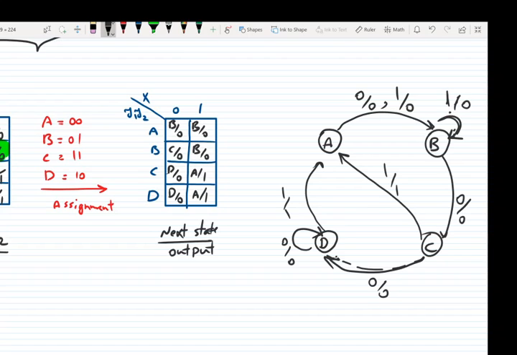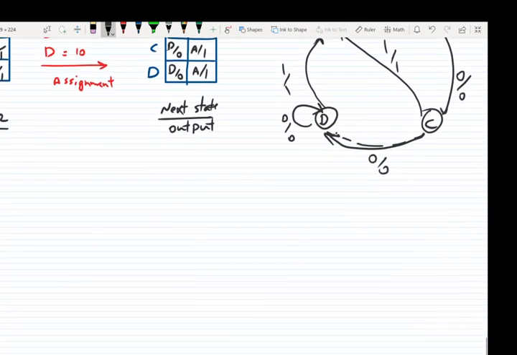So this is the state diagram for this example. Now it's time to draw the timing diagram and find the output z as a function of input x. Okay, so let's do that.